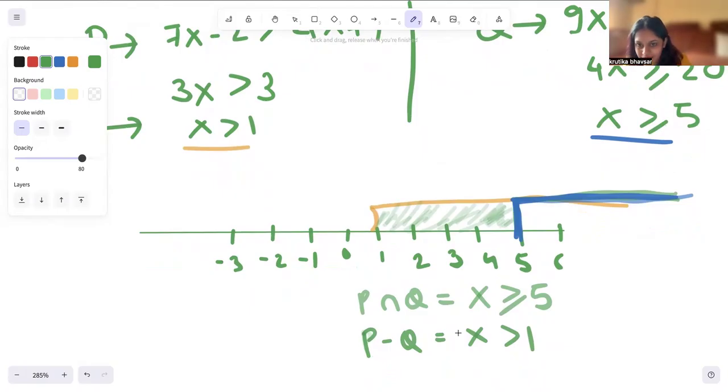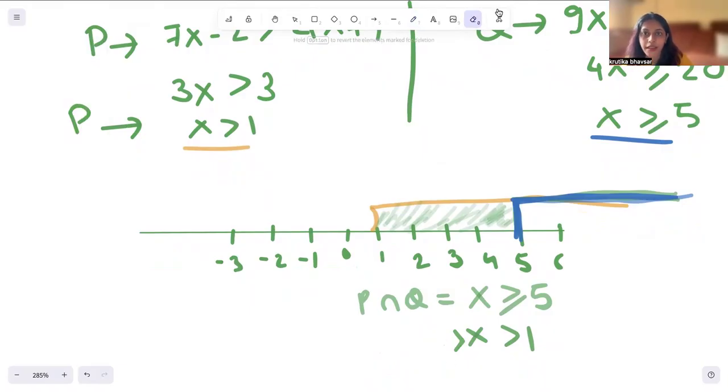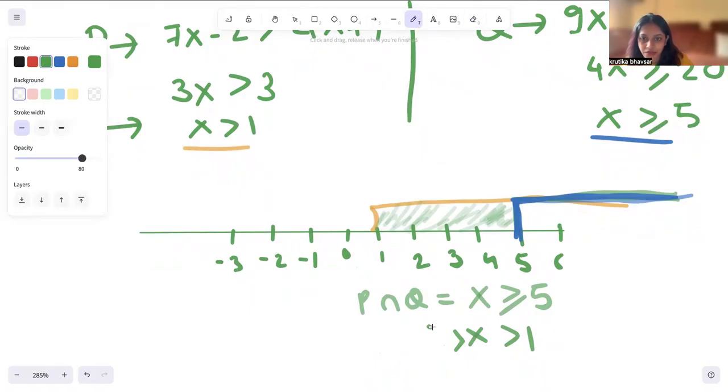So x is less than 5, right? And this is actually P minus Q. Here there is no equality because the bracket is open. Here there is no equality because 5 is included in Q, and we need to subtract the entire Q. I hope that makes sense for you guys.